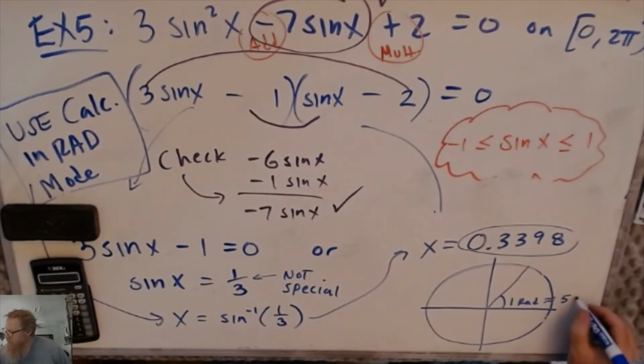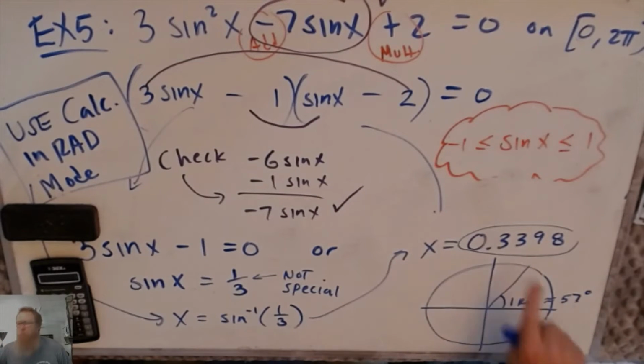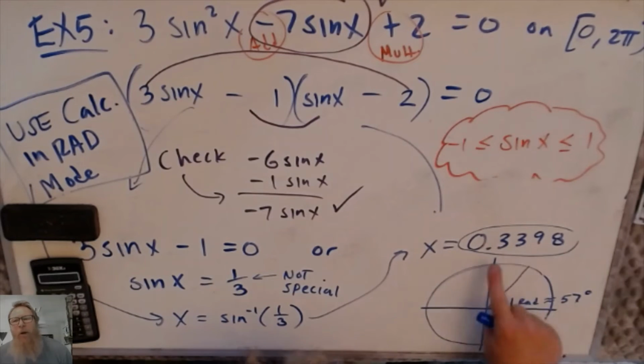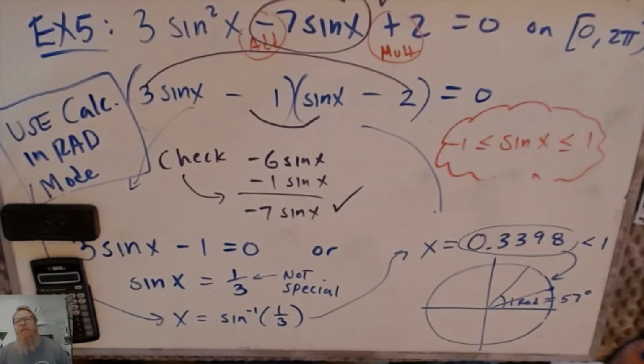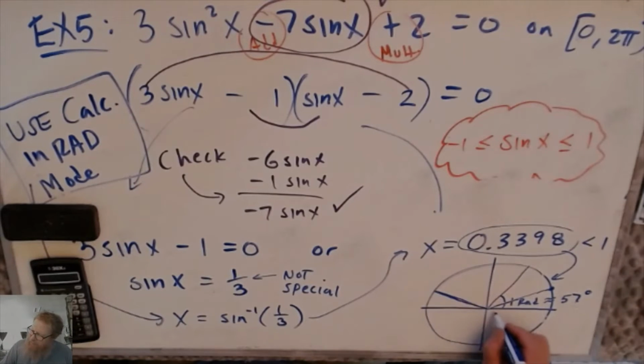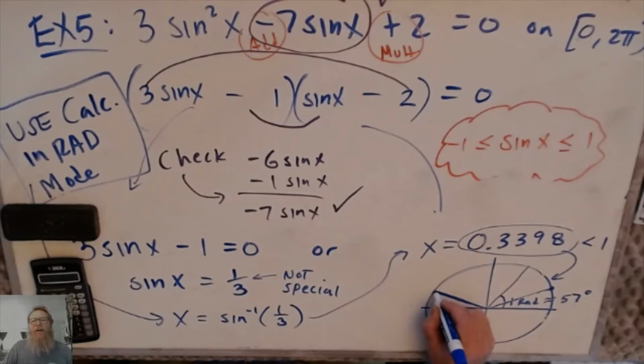It's just a quick way of remembering, what is 1? So that you know where .33 is. So that means .33 is somewhere in here. It's definitely less than 1 radian, so it's definitely less than 57 degrees. But isn't there another one over here that also has a sine of 1/3?